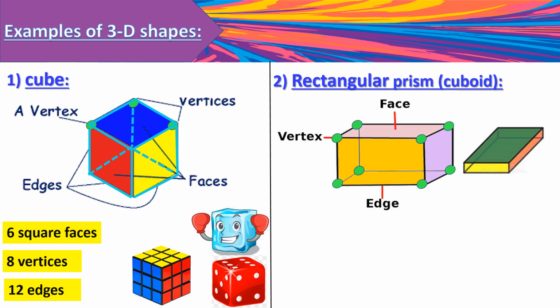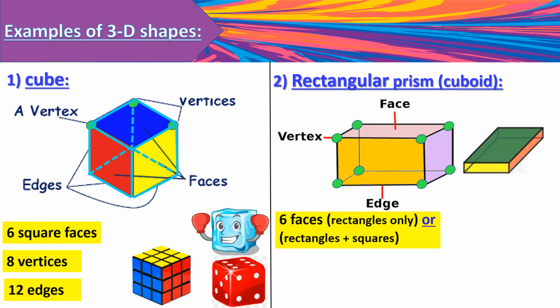It's like the cube, but not all of its faces are squares. They can be squares or rectangles. So it has 6 faces, maybe rectangles only or rectangles plus squares, 8 vertices and 12 edges.